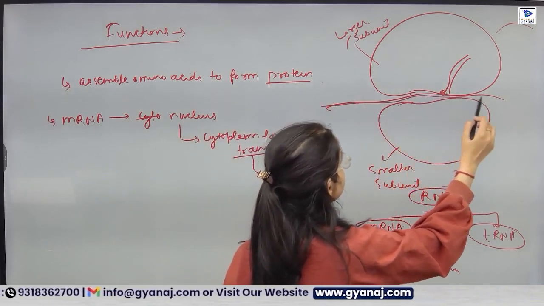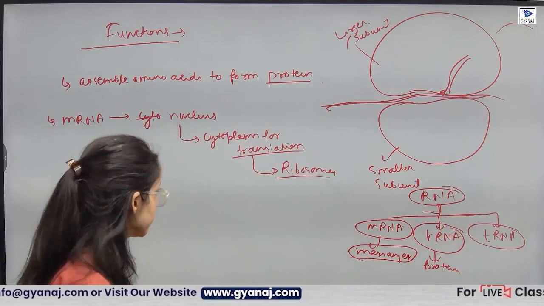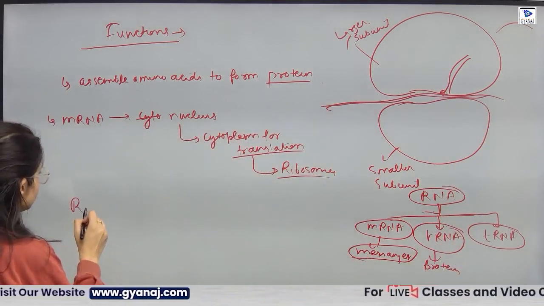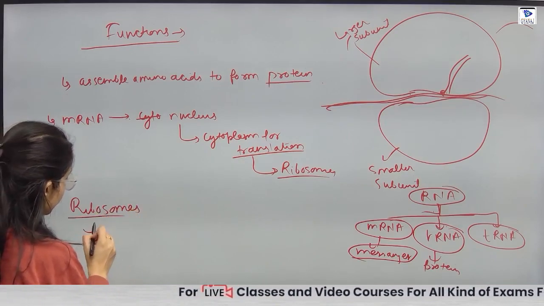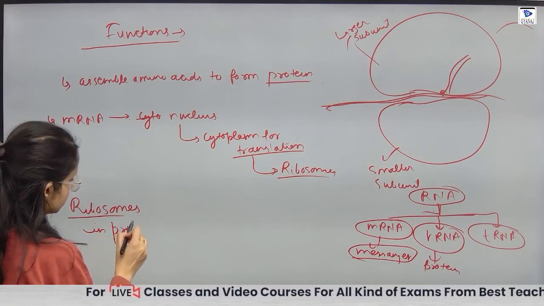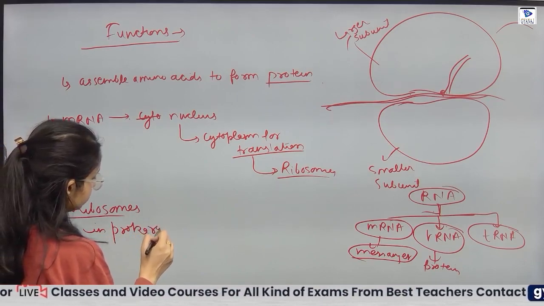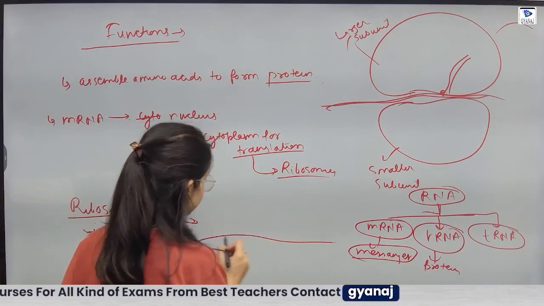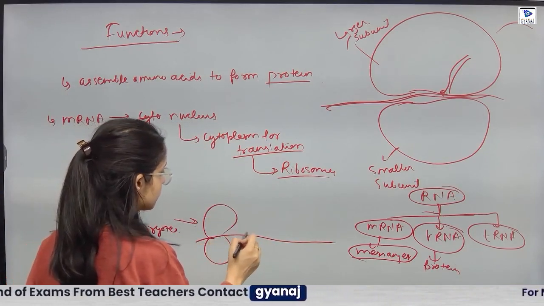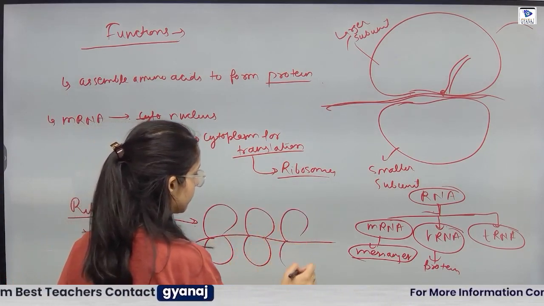So ribosomes will bind around the single mRNA. And you need to remember this also, that in prokaryotes, during translation, a lot of ribosomes bind and form different kinds of proteins.